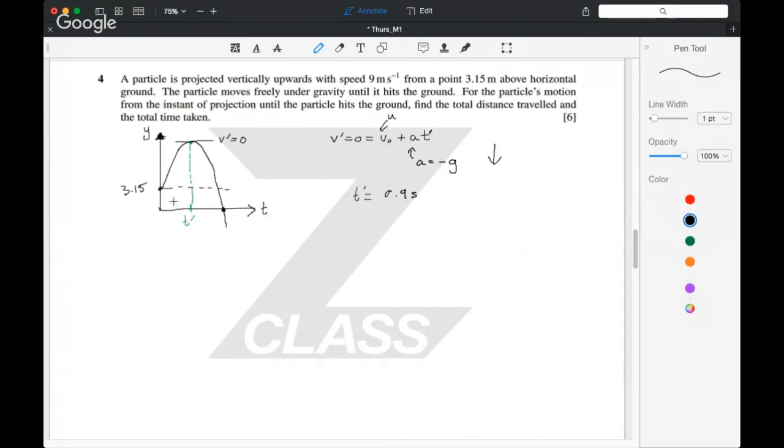Now the distance traveled, the distance that they've traveled between being launched and reaching this crest, s prime. Well, this is actually s prime plus 3.15 because I'm just looking at the distance between here and here.